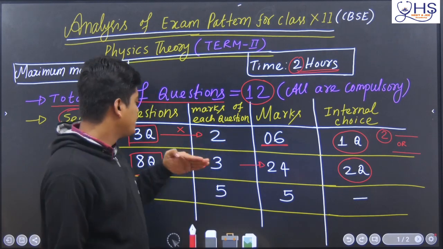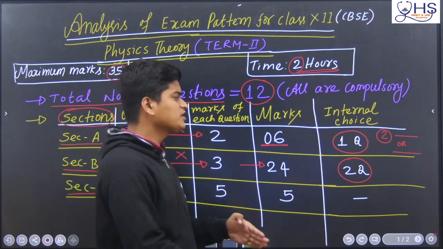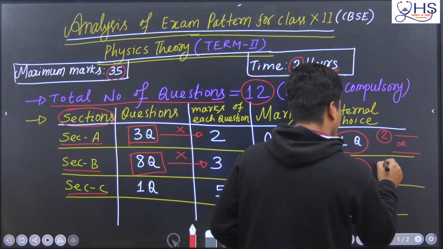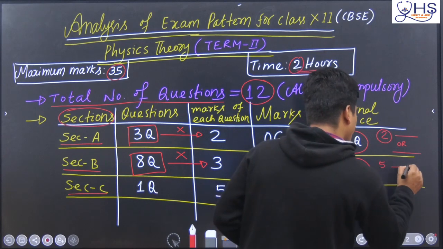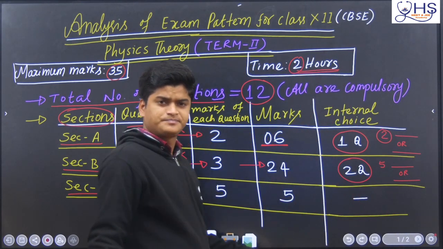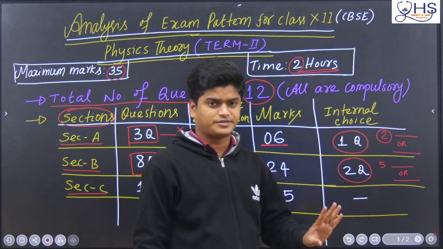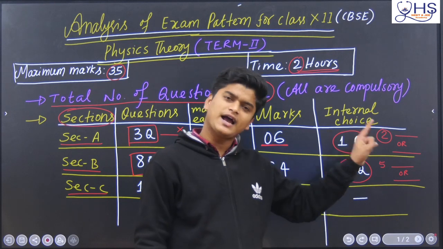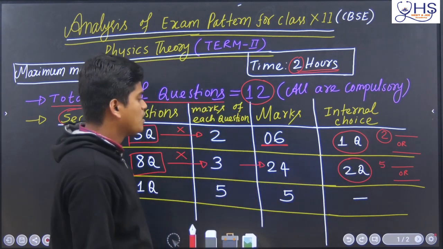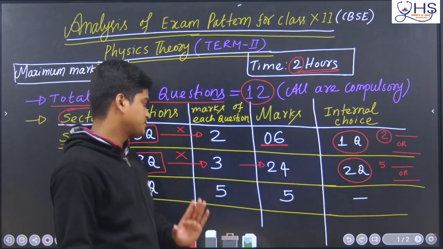Suppose in question 5 you have an upper question or a lower question. Either you attend the upper or the lower, not both. So section B is coming to a total of 24 marks.